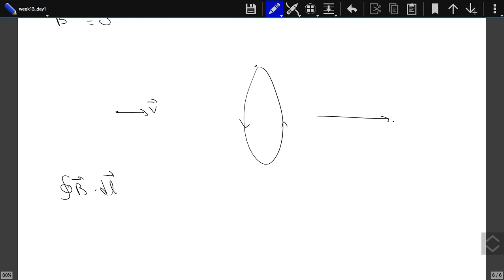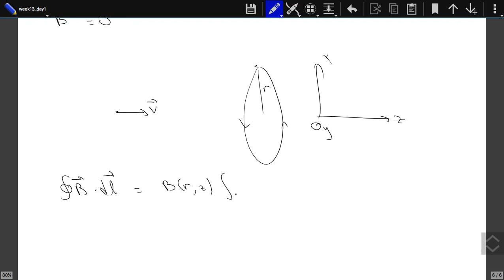Let's say this is my z-axis. This is x and y. Let me just call this r, that distance. Now, the magnetic field will depend on r. It will also depend on z. I don't know the dependence, but it will have a z dependence. That I know.